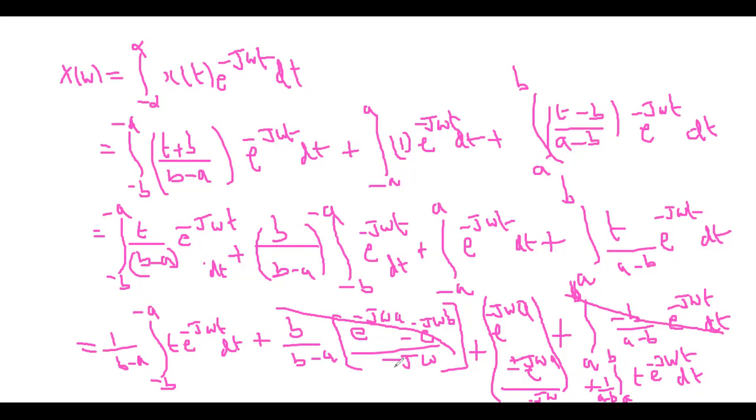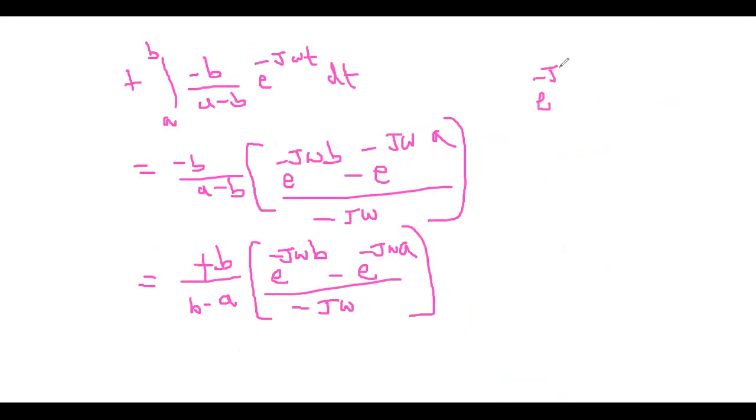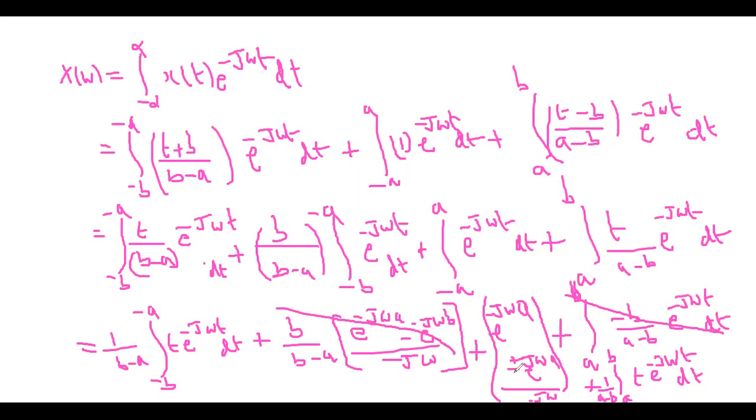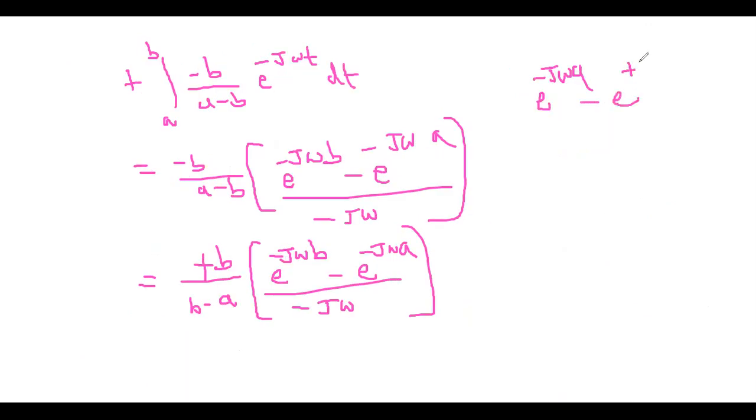To simplify this using by parts, the remaining function is e power minus j omega a minus e power j omega a, divided by j omega.